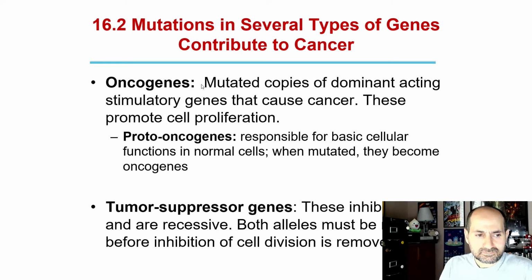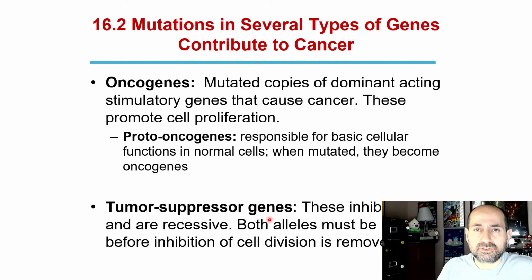You guys follow me? So proto-oncogenes are your normal genes that, when misregulated or mutated, can cause cancer. Oncogenes are those misregulated or mutated proto-oncogenes that constantly stimulate cell growth and cancer.